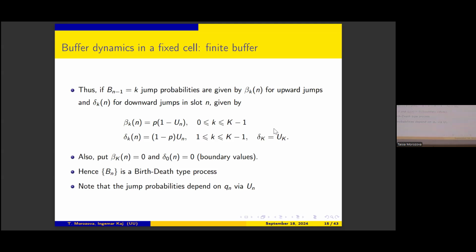Then we go to the buffer. Otherwise, if we did transmit and did not get any new arrival, the buffer decreases by 1, right? And then we also define the boundary values. So our process B is a jump process, a type of birth-death process. However, it's not a simple one, unfortunately, because the transition probabilities depend on Qn, so it's really time non-homogeneous.